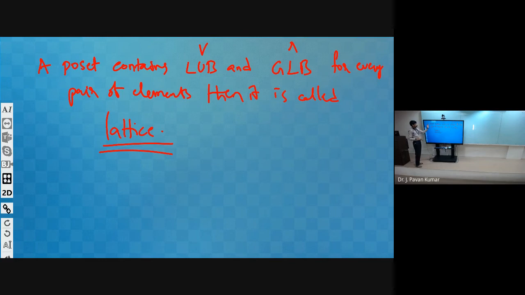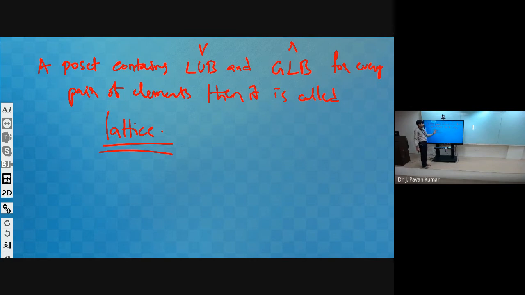Try to understand. If a poset contains a join for every pair of vertices, we say join semilattice. If it contains a meet for every pair of elements, we say meet semilattice. If it contains join and meet for every pair of elements, we say it is a lattice.